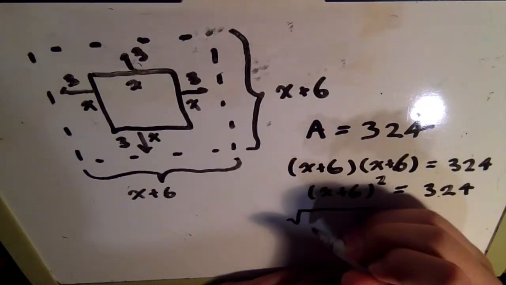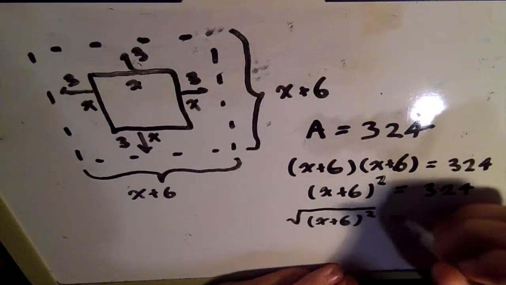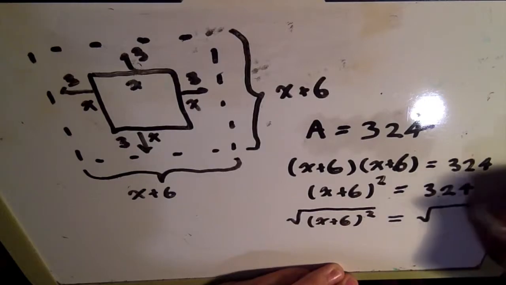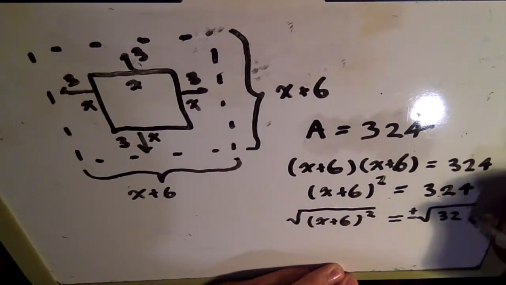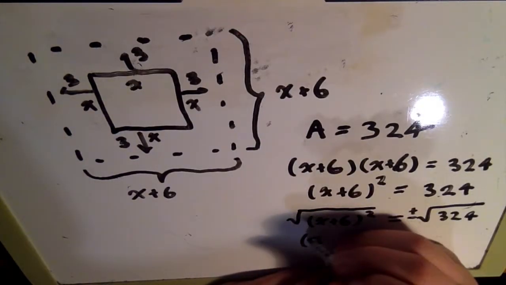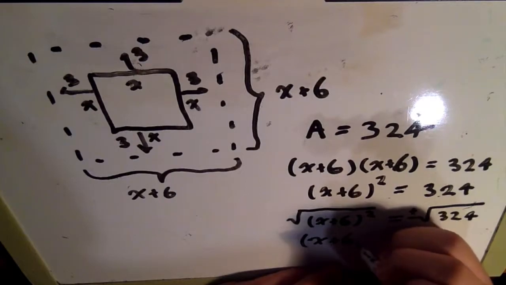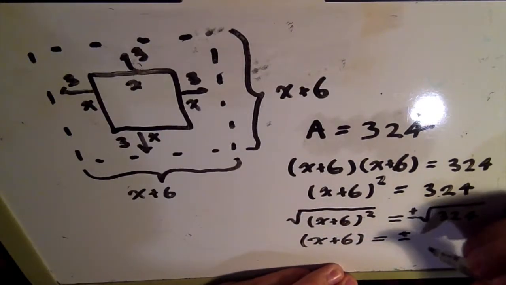Then, using the square root principle, we can root both sides. This gives us the equation x plus 6 equals plus minus 18.